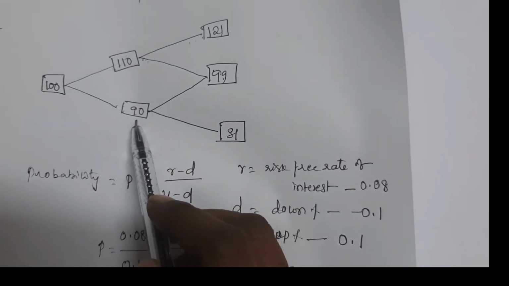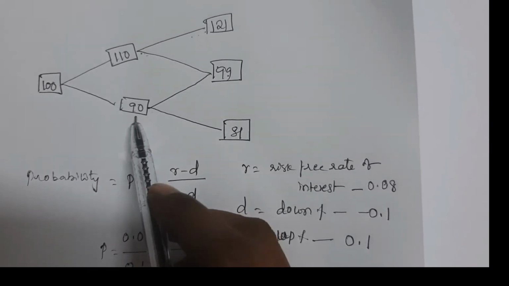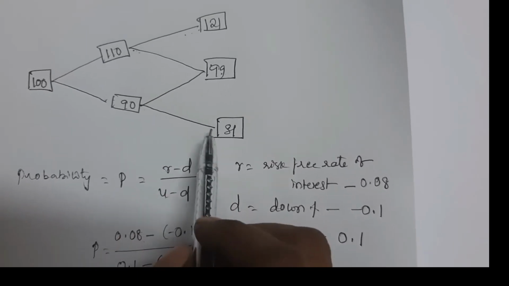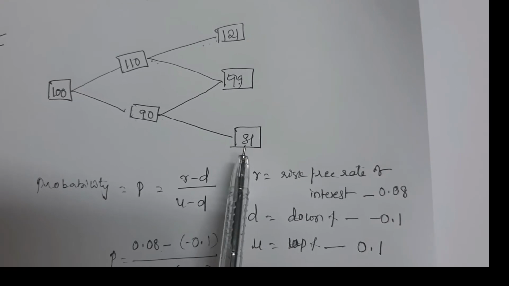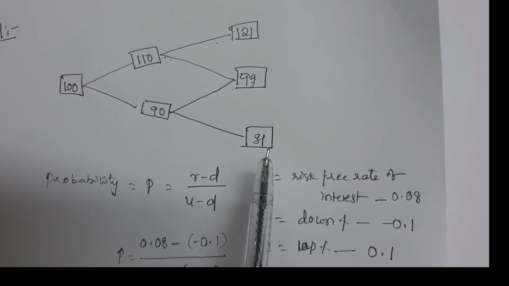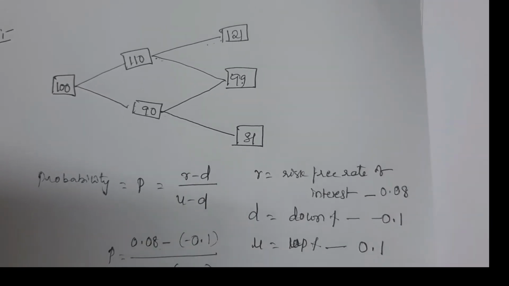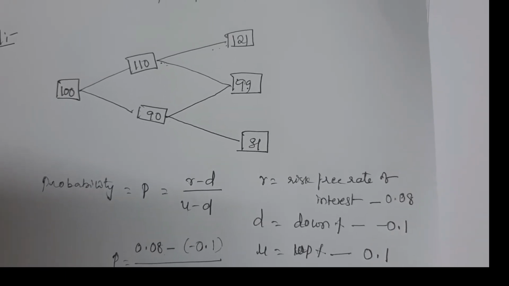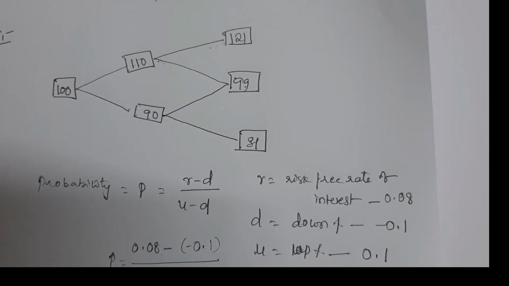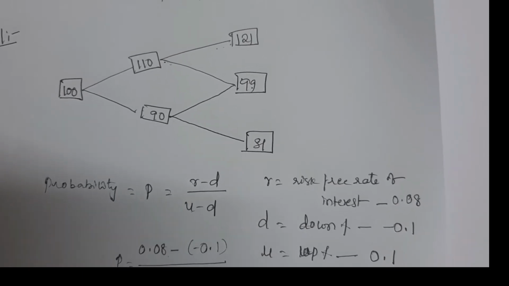If it falls down to 90 rupees, we will not exercise the contract. So at every point of fall, we will not exercise the contract, and the value will become 0.